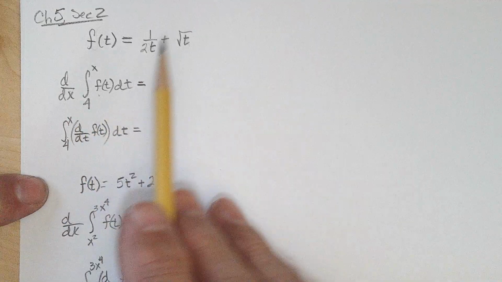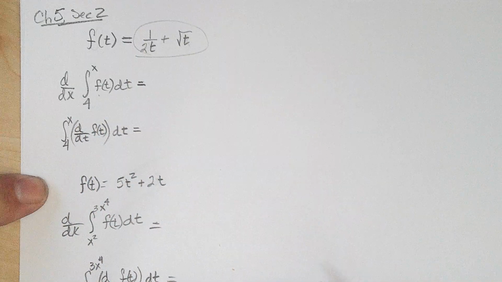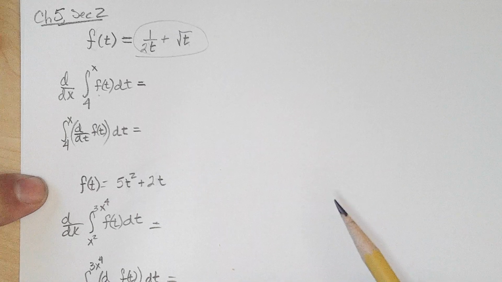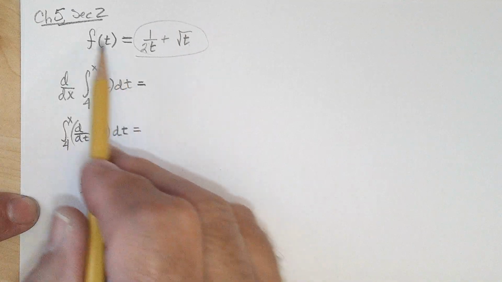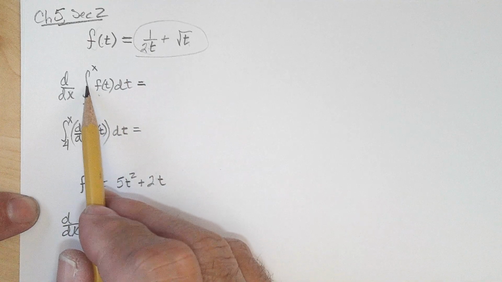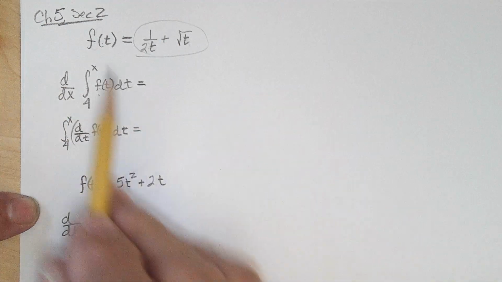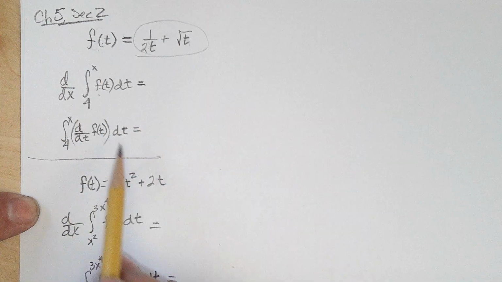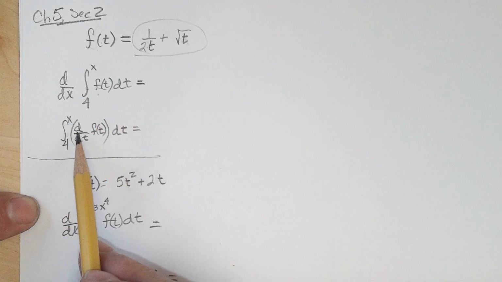So I've made a function here that we can take the derivative of, or we can do the antiderivative of, and we can see what happens on this. Okay, so the function is of t, and the first thing it says to do is find the antiderivative in this example. So we're going to do the derivative of the antiderivative and the antiderivative of the derivative.